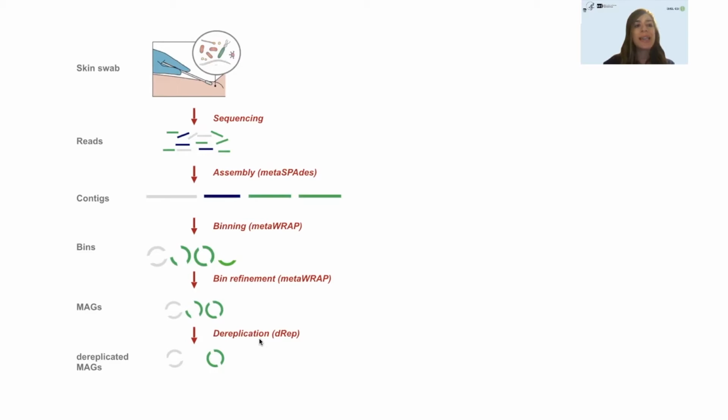So to get an idea of how many distinct species these MAGs represent, we can dereplicate, or in other words, reduce genetic redundancy of our set of genomes to obtain a set of species. This basically involves looking at the genetic similarity between sets of MAGs and choosing one representative for each species cluster found in our data set.